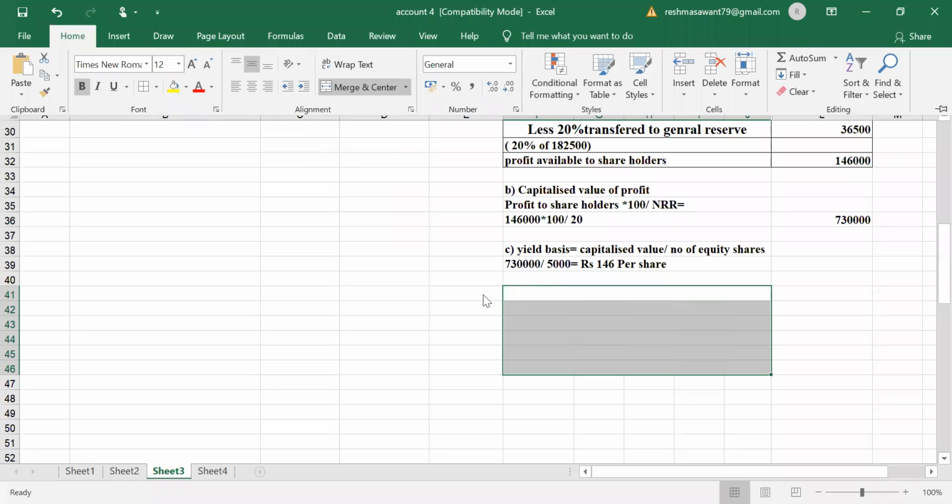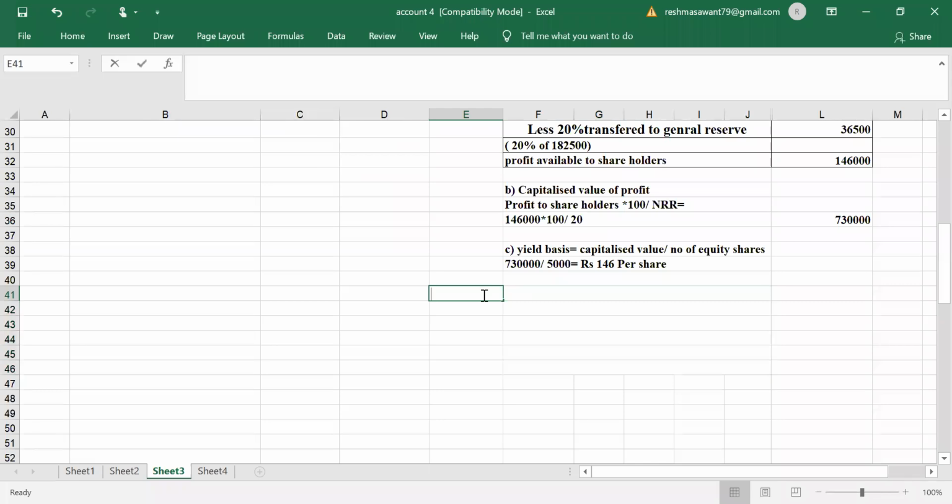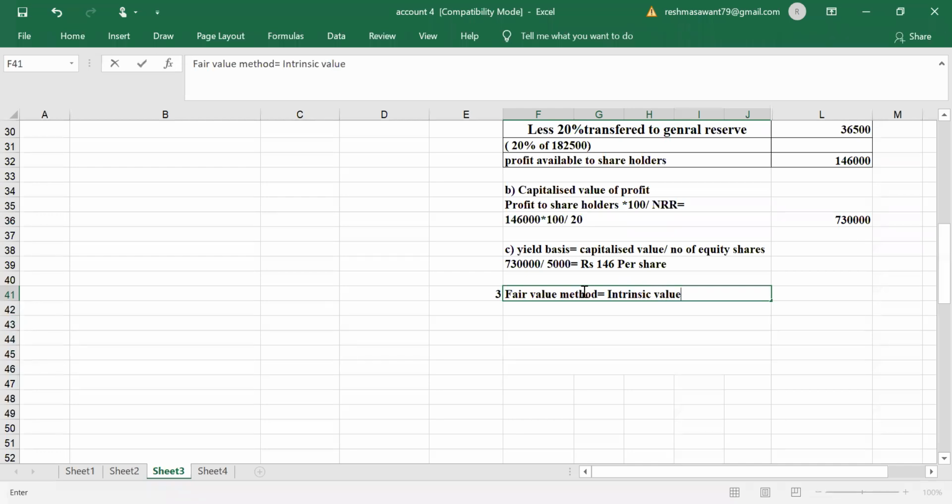Third calculation, that is the fair value method. Fair value method will be calculated by intrinsic value plus yield basis.